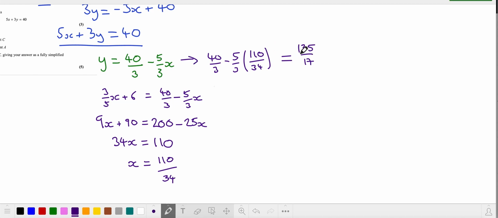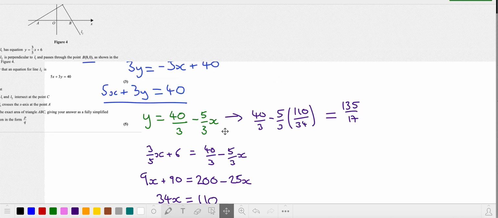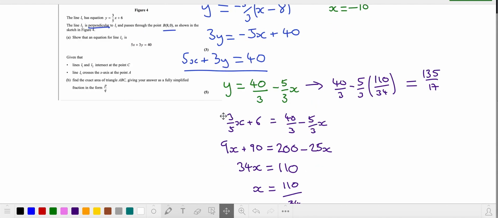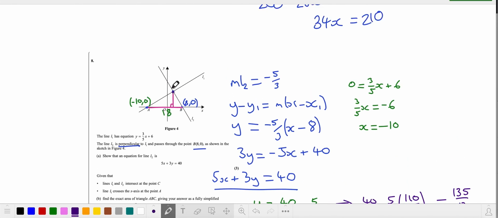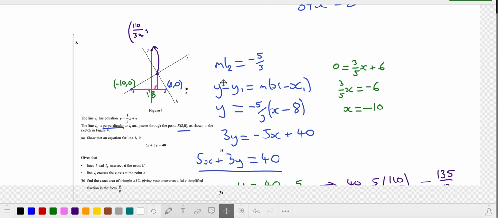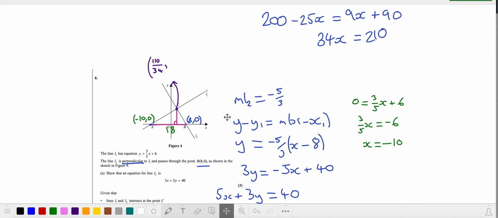So that's the y ordinate at that point of intersection. So we know that coordinate now is, I'm not going to squeeze this on there, I don't think. 110 over 34 is the x. And what was the y again? 135 over 17.